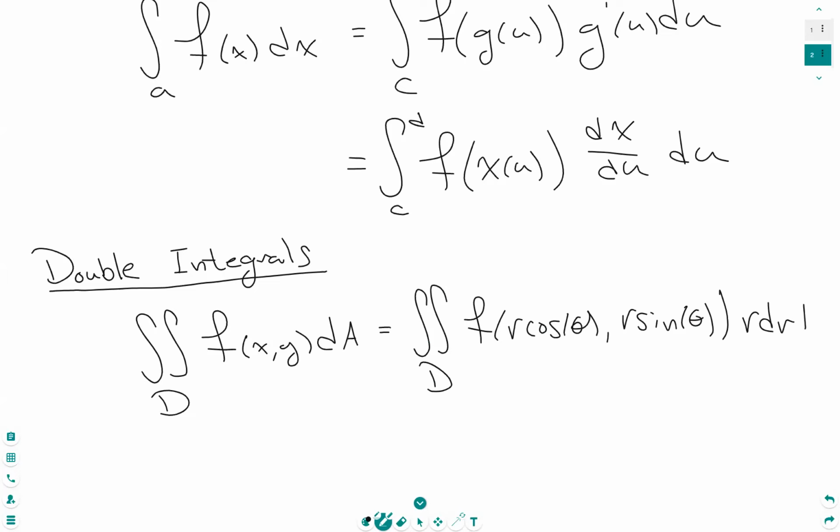r dr d theta. But this looks eerily similar to what we've written up here, right? We've substituted in a definition for x and y, and then perhaps we have some extra term that gets generated.